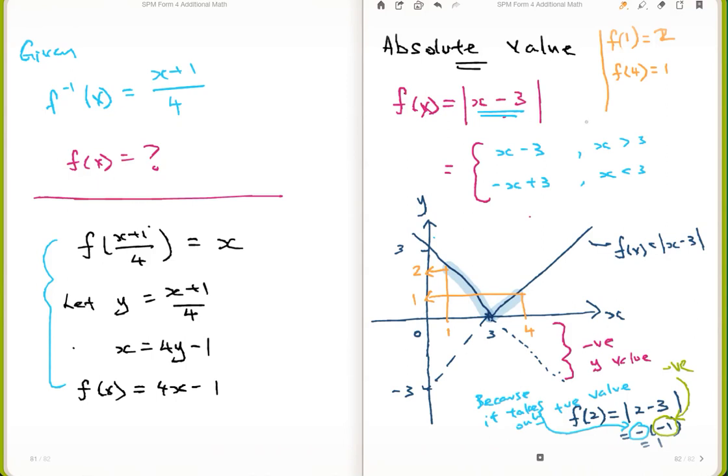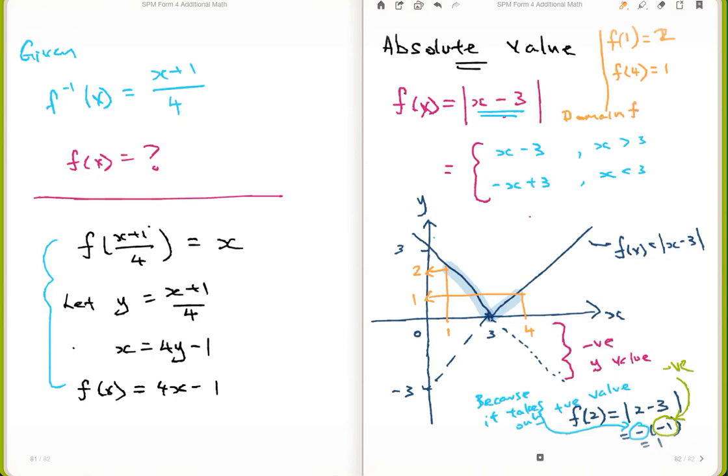So in the event when the domain of f, so here I will write domain of f, which is the x.